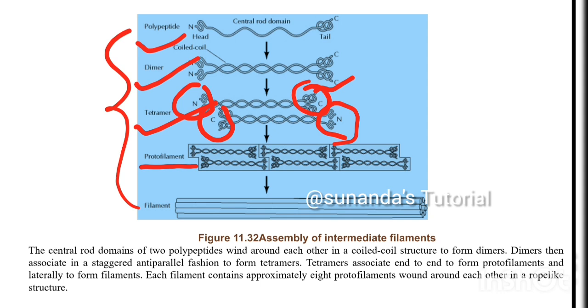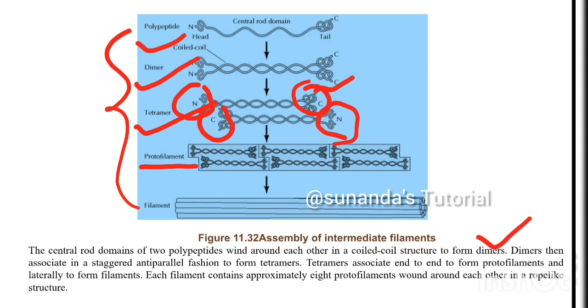The central rod domains of two polypeptides wind around each other in a coil structure to form a dimer. Dimers then associate in a staggered antiparallel fashion to form a tetramer. Tetramers associate end to end to form a protofilament and laterally to form filaments.